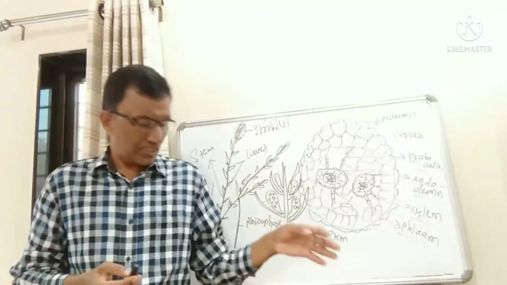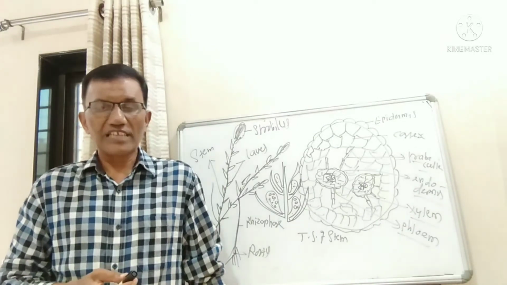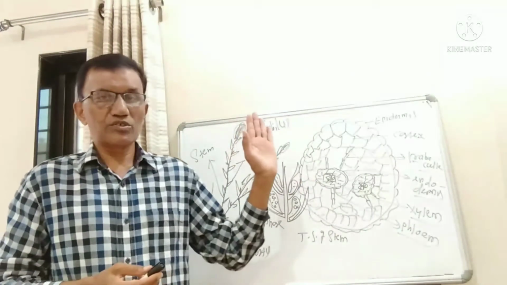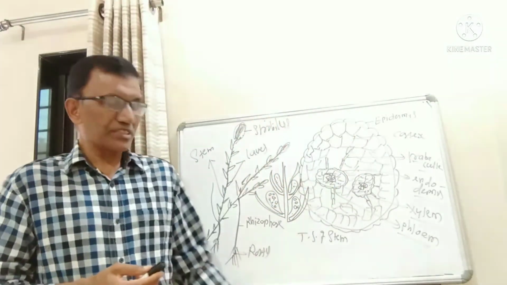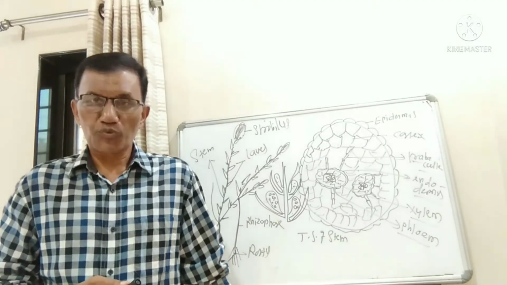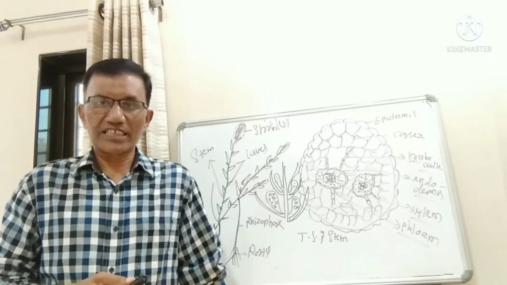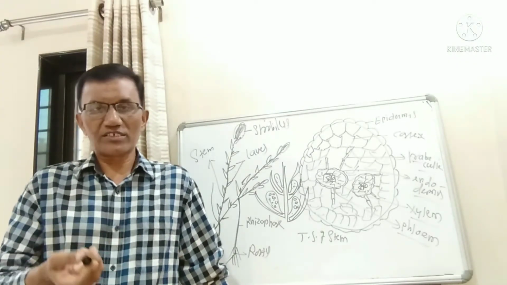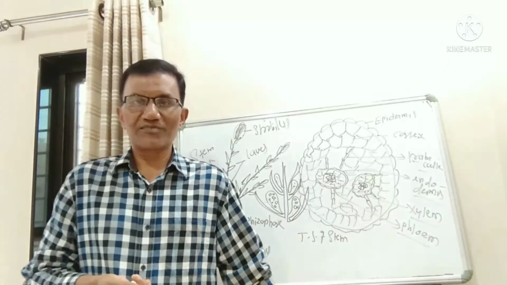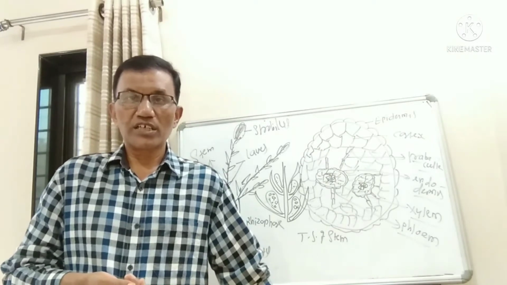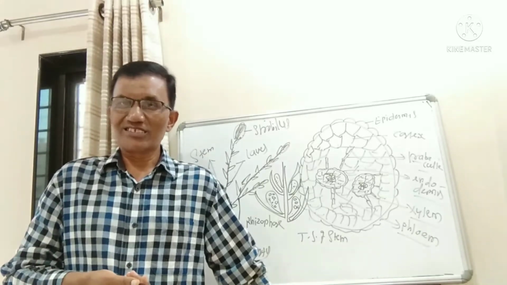So while explaining Selaginella, you have to differentiate the sporophytic phase and the gametophytic phase. While describing the sporophytic plant, you have to describe the external characteristics and internal characteristics, then the gametophytic phase. After these two phases, you have to focus on the alternation of generation in Selaginella.